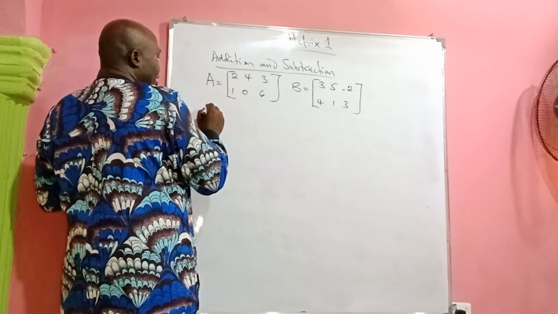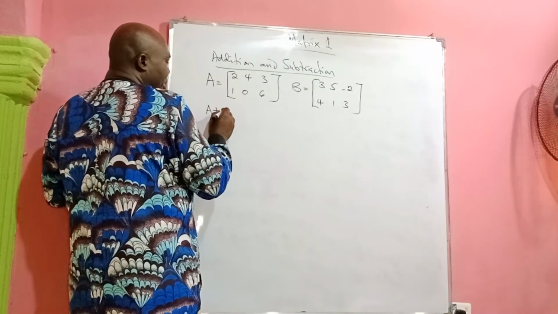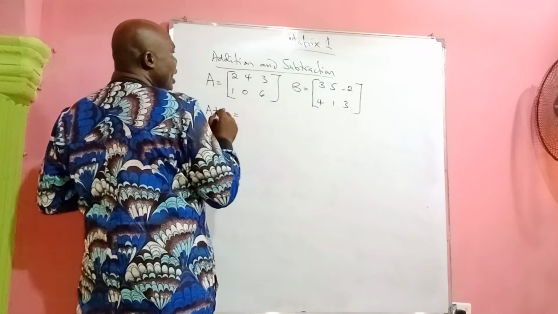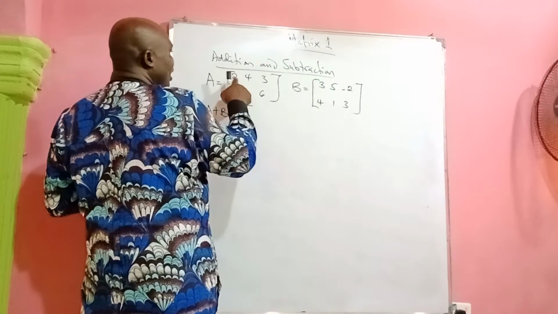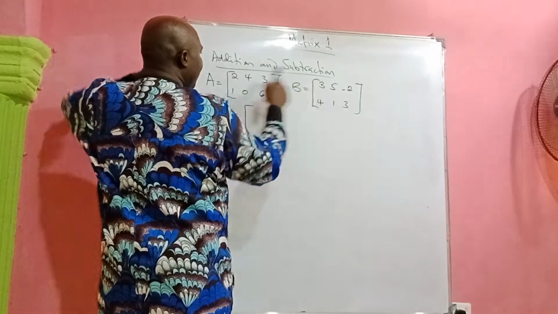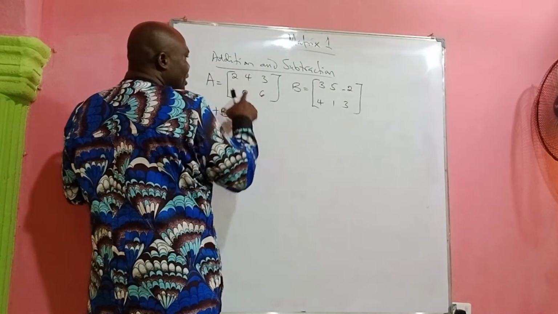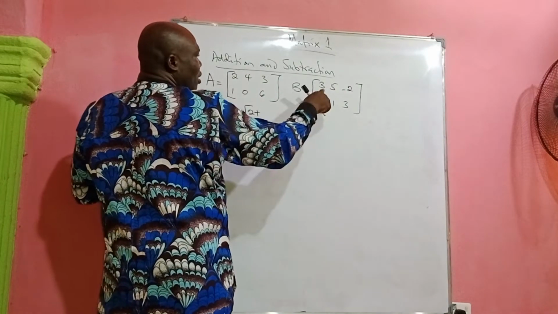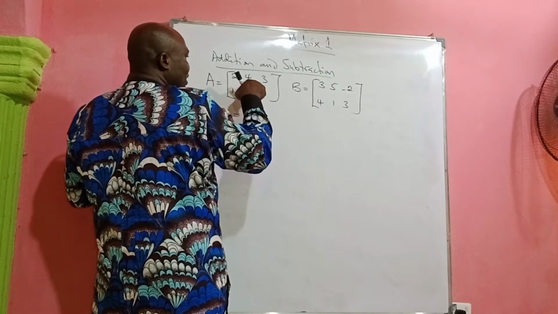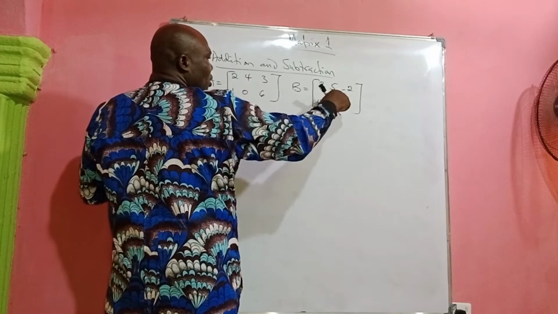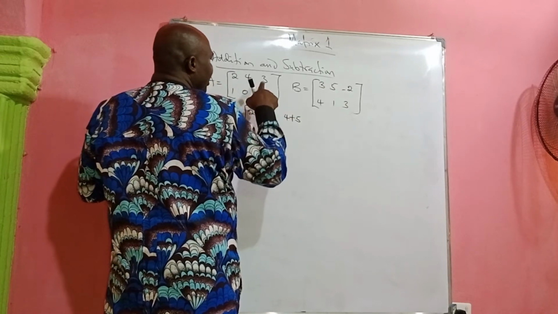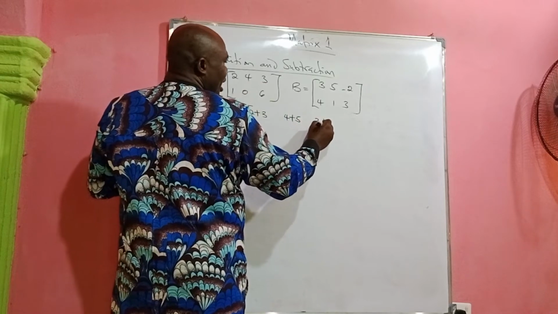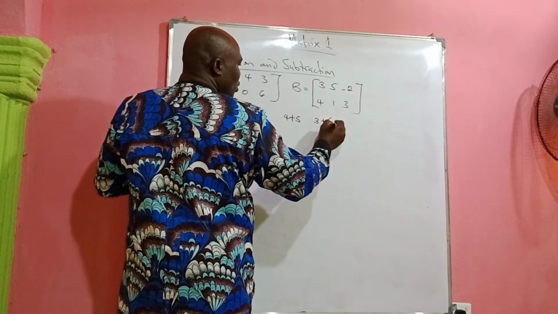Now, A plus B means we take corresponding elements. This is A, this is B. So we take the component element 2, add to the component element 3. Then we take this component element 4, add to its corresponding component element 5. Then we have 3, and we add to minus 2.